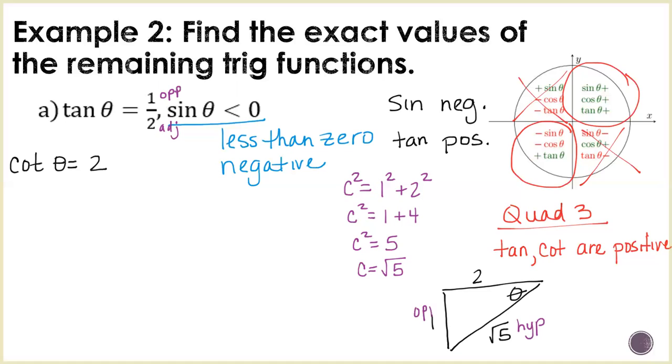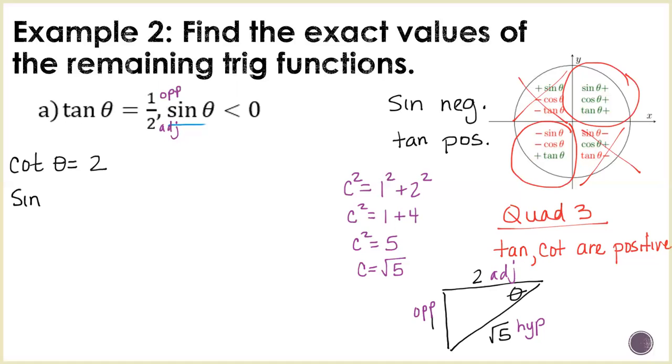Okay, so let's find our other 5. Let's start off with the sine of theta. Sine is opposite over hypotenuse, so that would be 1 over root 5.